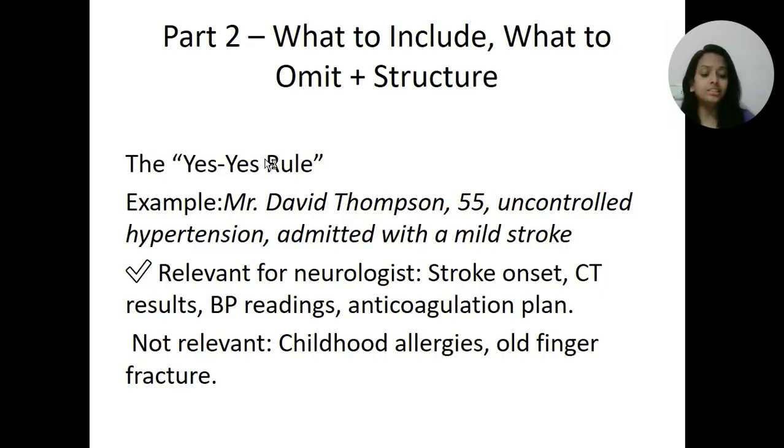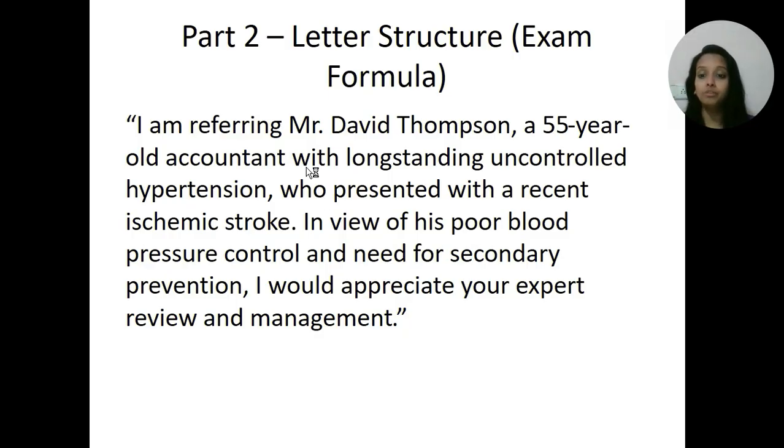The things which are not relevant are if he had some seasonal allergies as a child, or if he broke his finger in college baseball. So, whom you are referring to, which specialist, based on that context, you need to give the relevant case details. Got it?